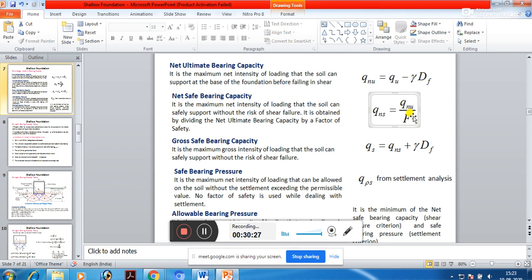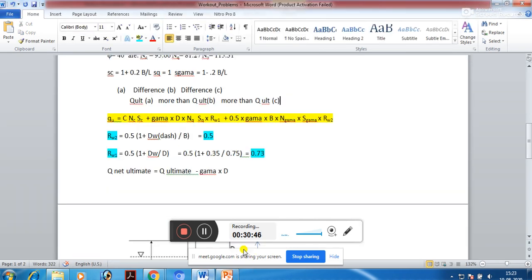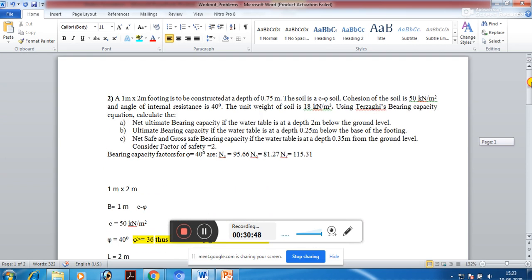If it is not given in the problem, you can assume a factor of safety value more than 1.5, or if it is given in the problem, you apply that value. In this case, it is being asked that you find out the net safe bearing capacity.